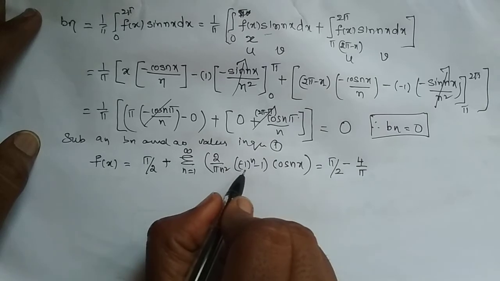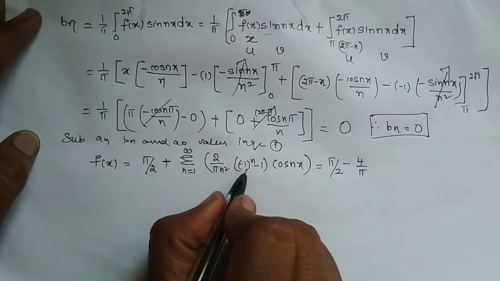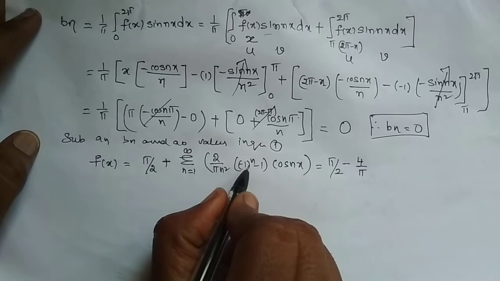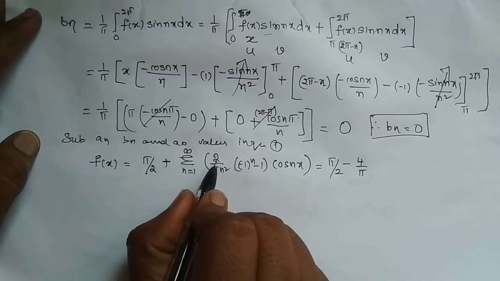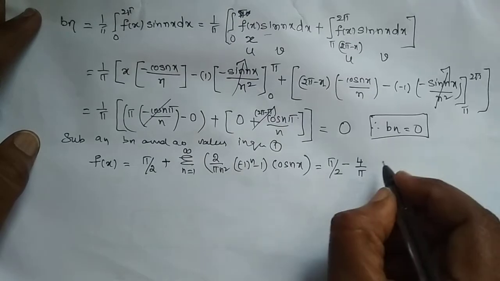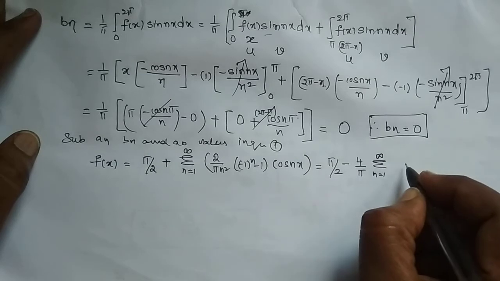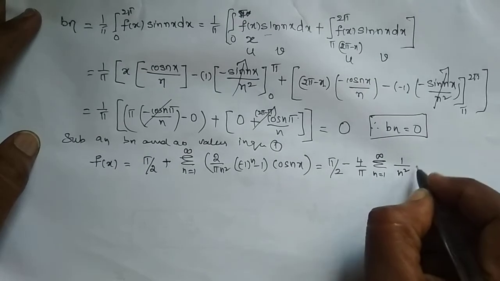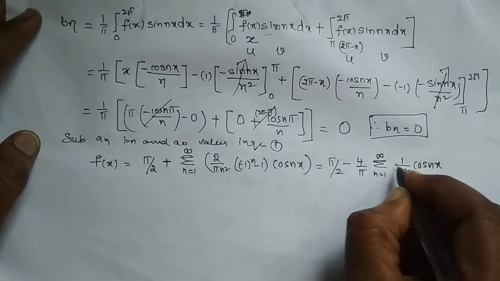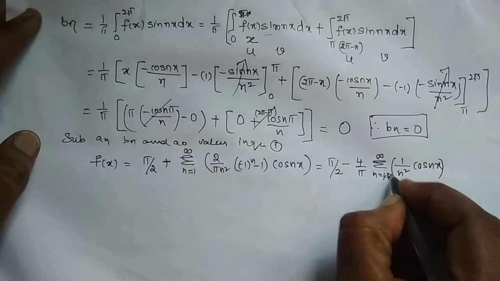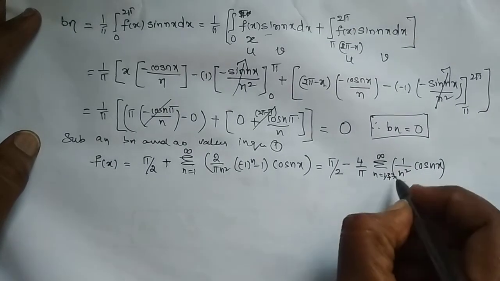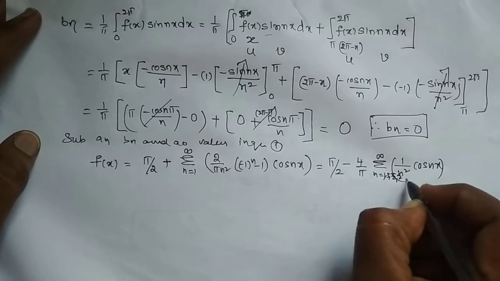Only odd values will satisfy. So I can take minus 2 common also. Already 2 is there, so minus 4 by pi into summation n is equal to 1 to infinity 1 by n square into cos nx. It is valid only for odd ones, 1, 3, 5, 7 and so on.